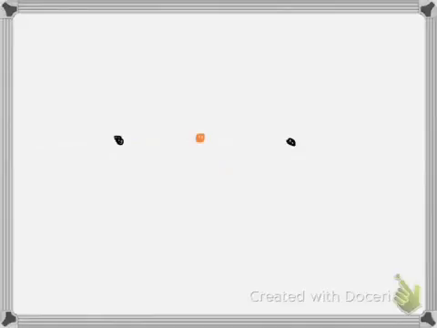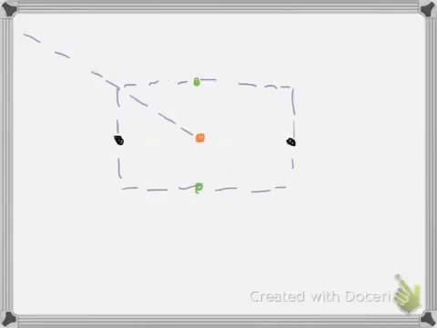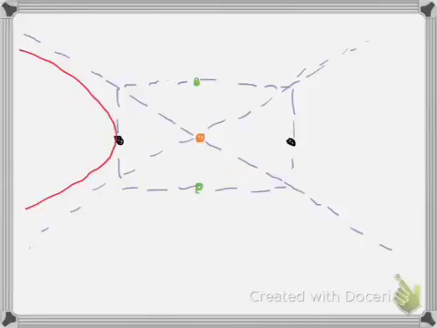Then you also have your conjugate axis, which has endpoints as well. From there, remember from Algebra 2, you draw a dashed rectangular box, and the box is connected through the corners by asymptotes. So we have two asymptotes there. The purpose of the box and the asymptotes is to help me draw my graph, and then I'm able to draw my hyperbola.